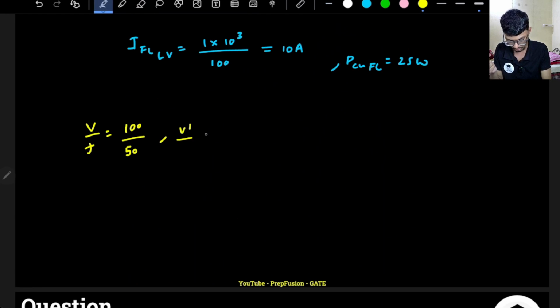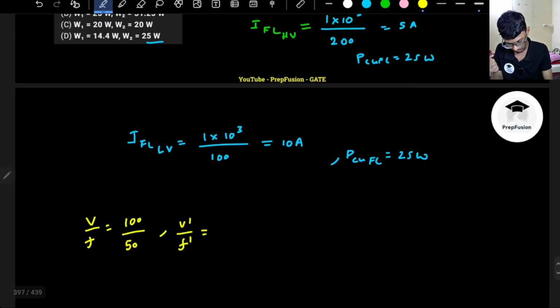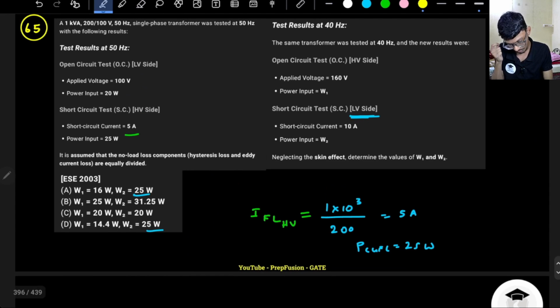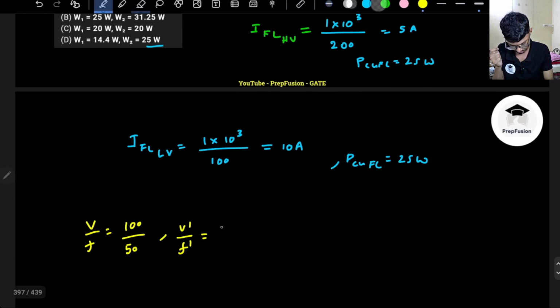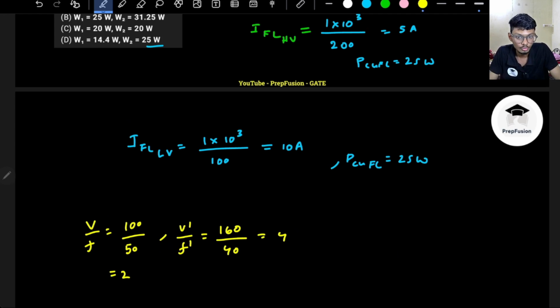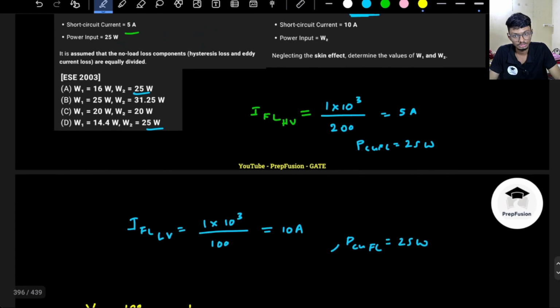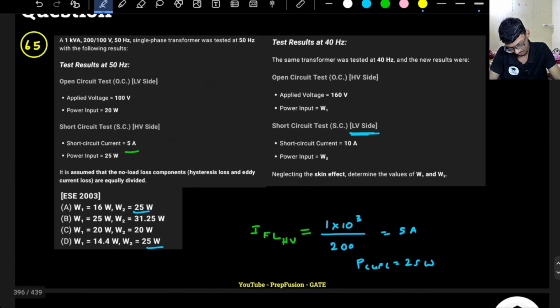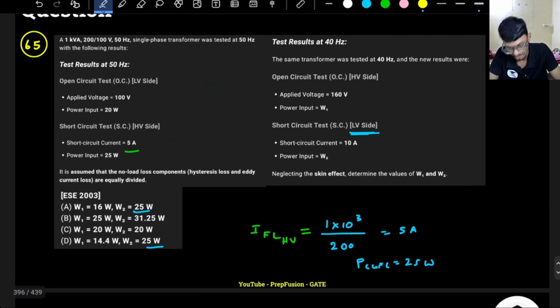And here the secondary V by F dash ratio will be 160 divided by 40. So this will be actually 4 and here V by F is only 2. So V by F has been changed.